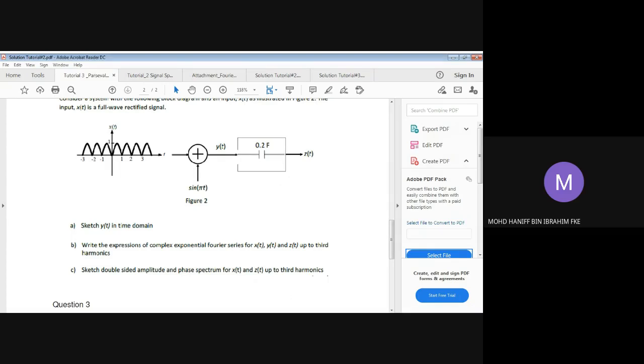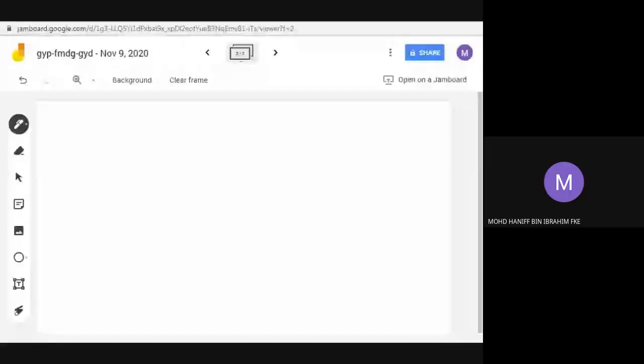So basically, from what we have done yesterday, we can use the Jamboard now. Okay, from the question, you have the y(t), which is the input to the 0.2 farad capacitor. That's y(t).